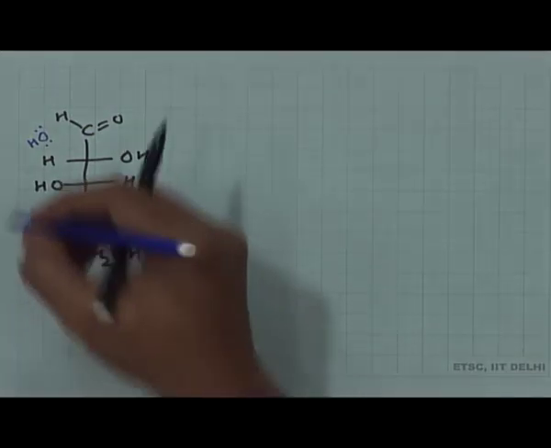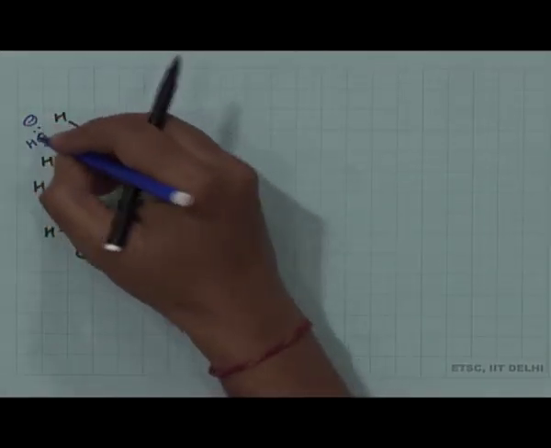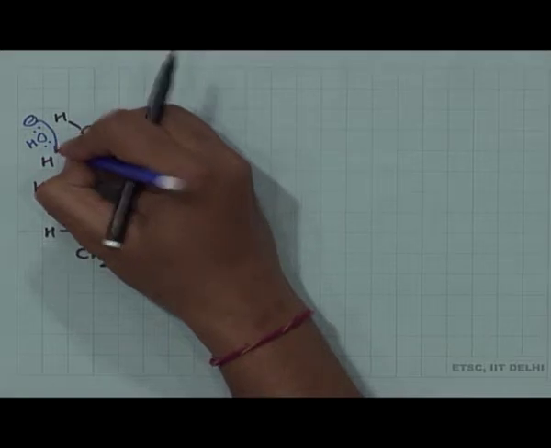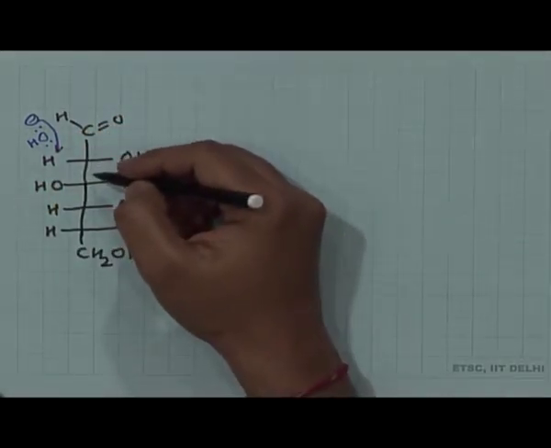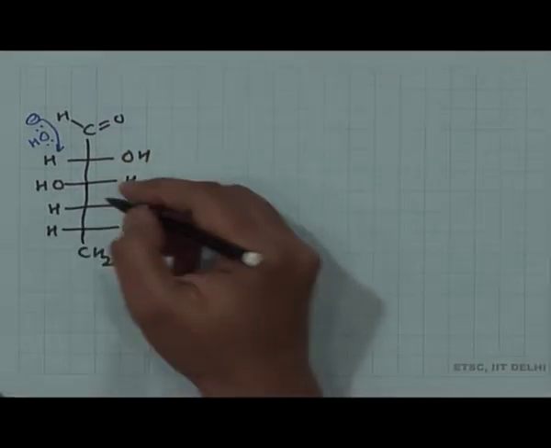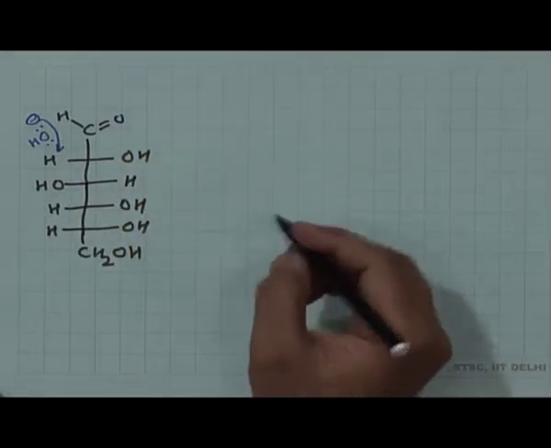In the presence of base, the base will abstract this proton at the alpha position to the carbonyl, and that converts it to the C2 epimer.